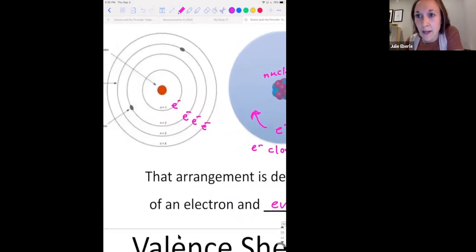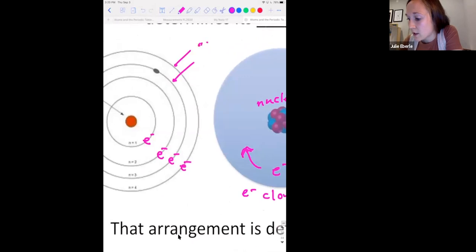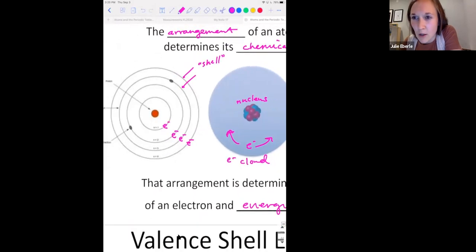So an electron on an innermost circle, I'm going to call these circles a shell. Any one of these circles, we're going to call a shell. We could call them an energy shell.